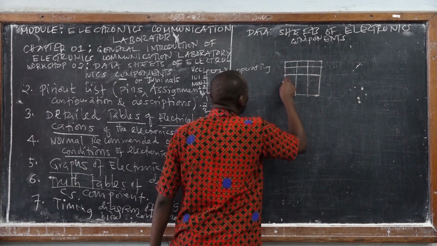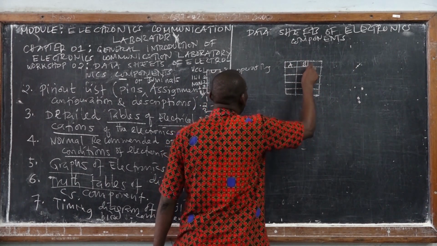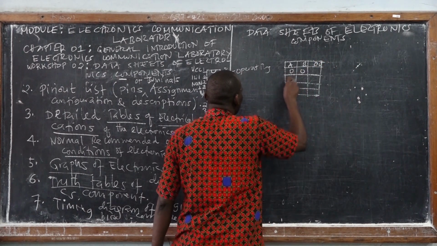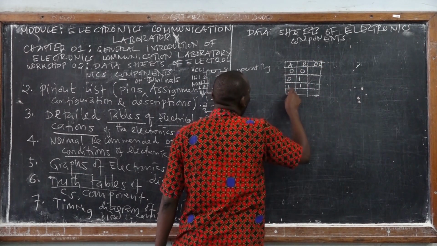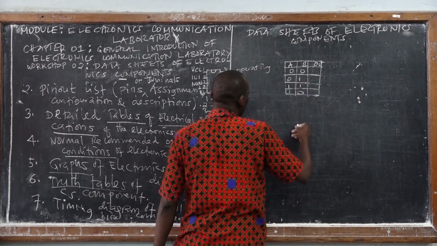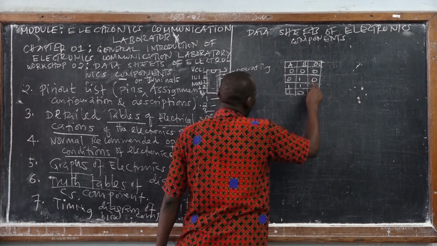You say that these truth tables are very simple. Let's say this is input A, this is input B, this is output. You say 0, 0, 0, 1, 1, 1, let's say 1, 0. Okay, maybe you expected the truth table of an AND gate: 0, 0, 1, 0.